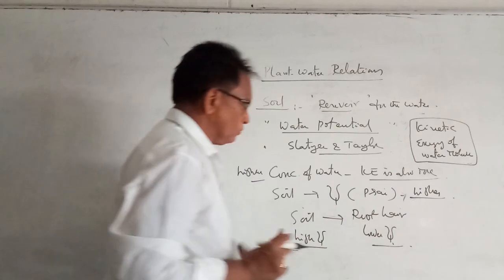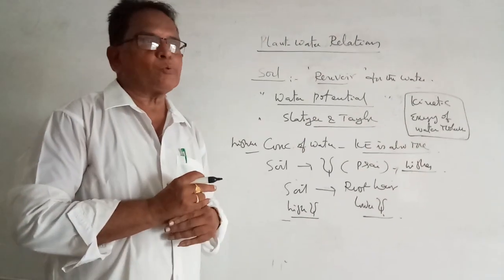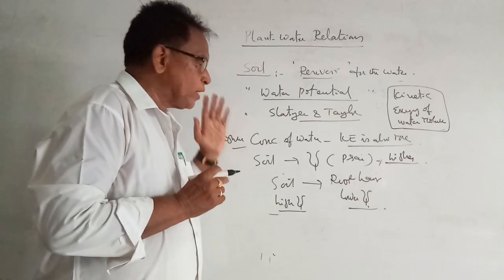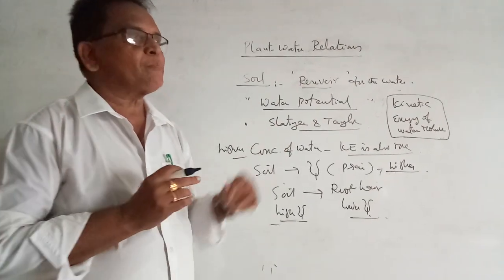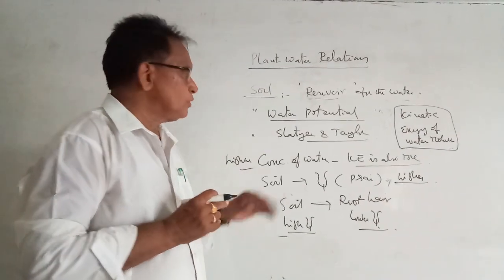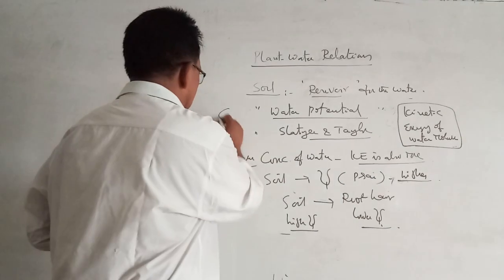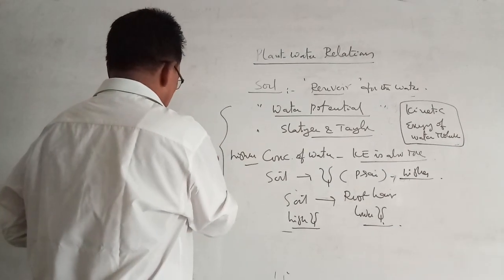By this water potential, we can explain how water moves from the soil into the plant body, or from one cell of the plant body to another cell. All this we can explain as water potential gradient.